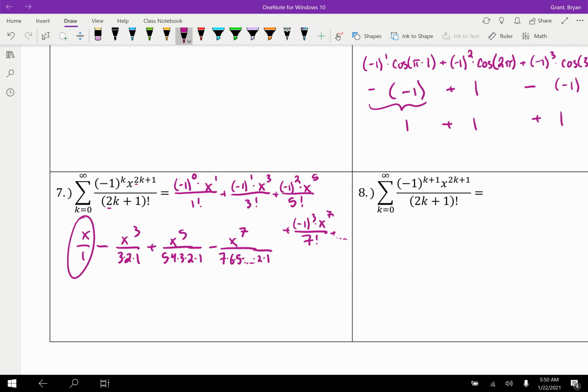Our first term was positive. So I think it's going to be exactly the same, just in a different color. It's going to be exactly the same as our original series from 7, except the signs are switched. It's going to be negative x over 1 plus x cubed over 3 times 2 times 1 minus x to the 5th over 5 times 4 times 3 times 2 times 1 plus, and you get the idea. So the signs are switched.